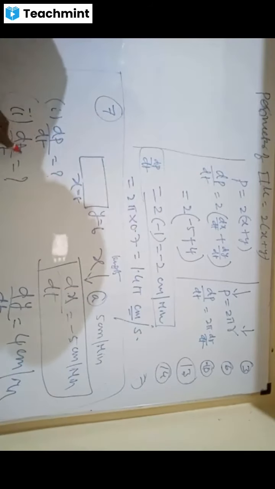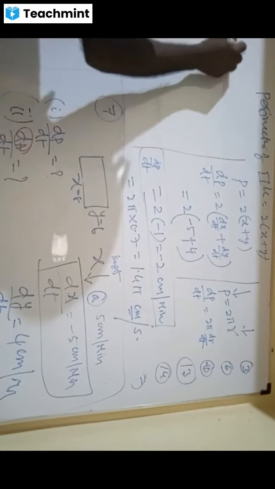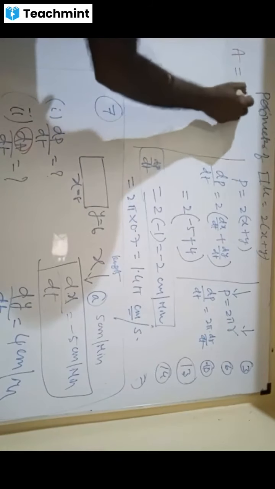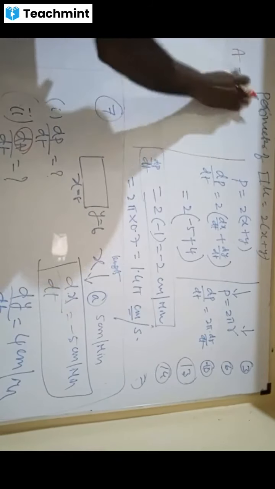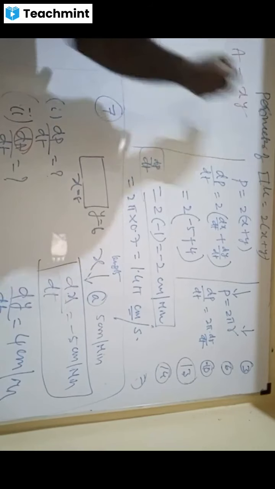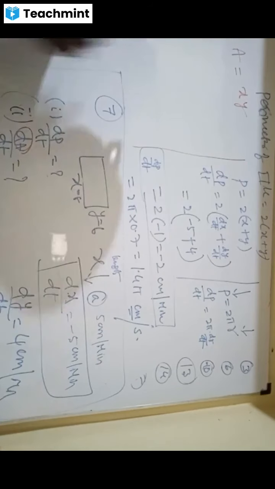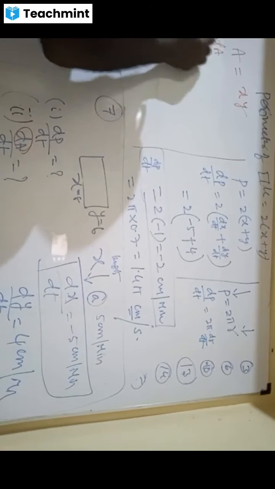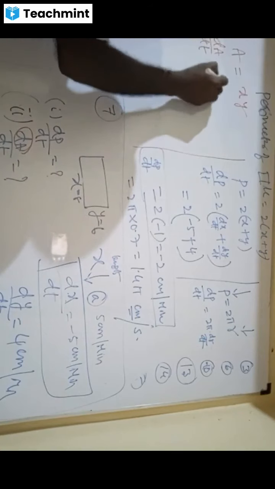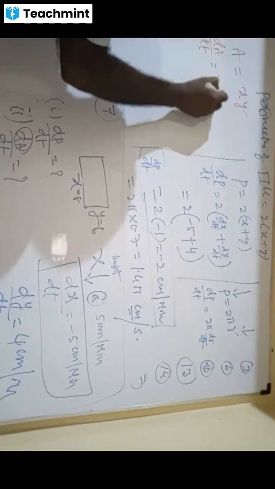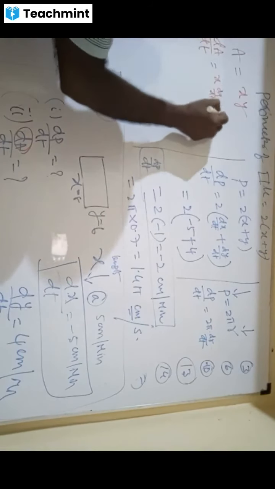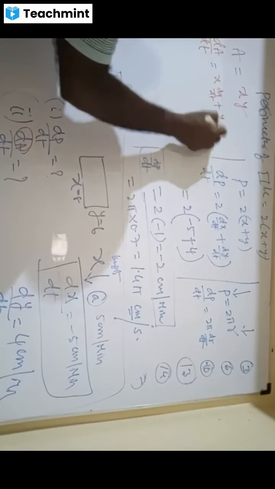Next is the area, dears. Area of a rectangle is nothing but L into B, that is x into y. You can do dA by dt using the UV formula: x into dy by dt plus y into dx by dt.